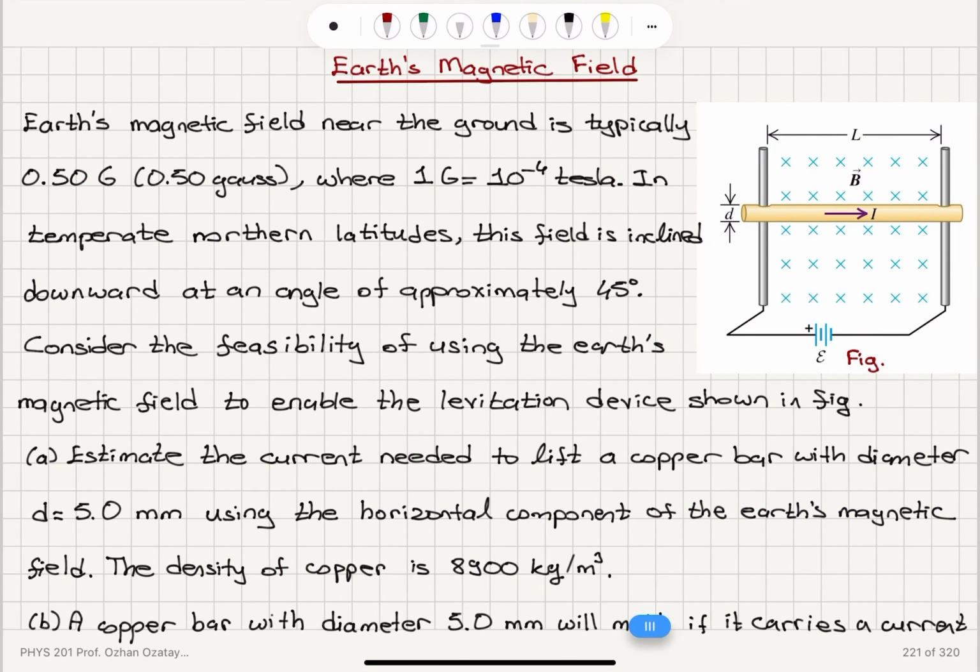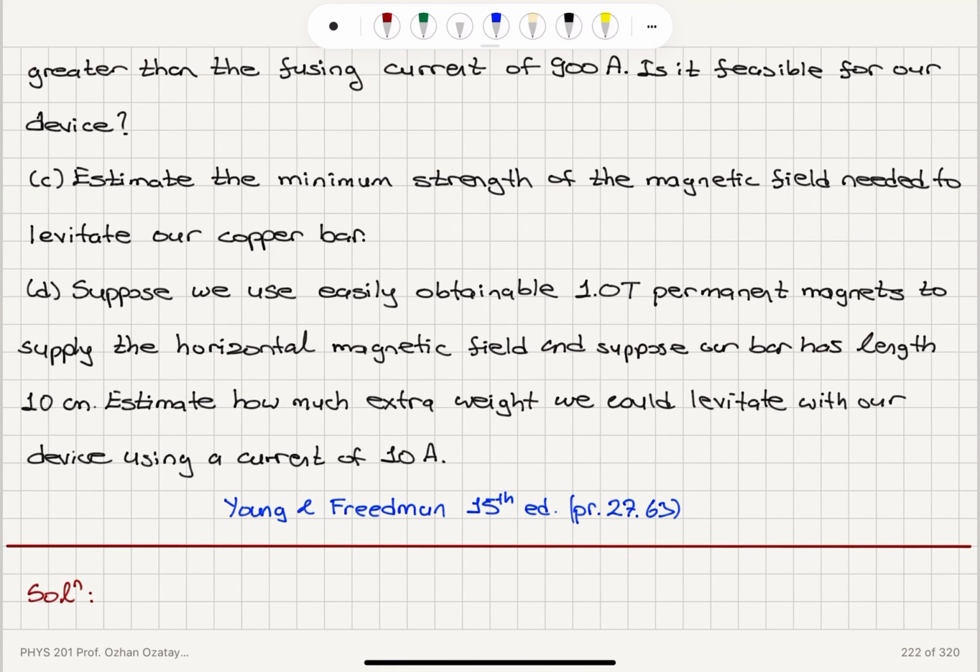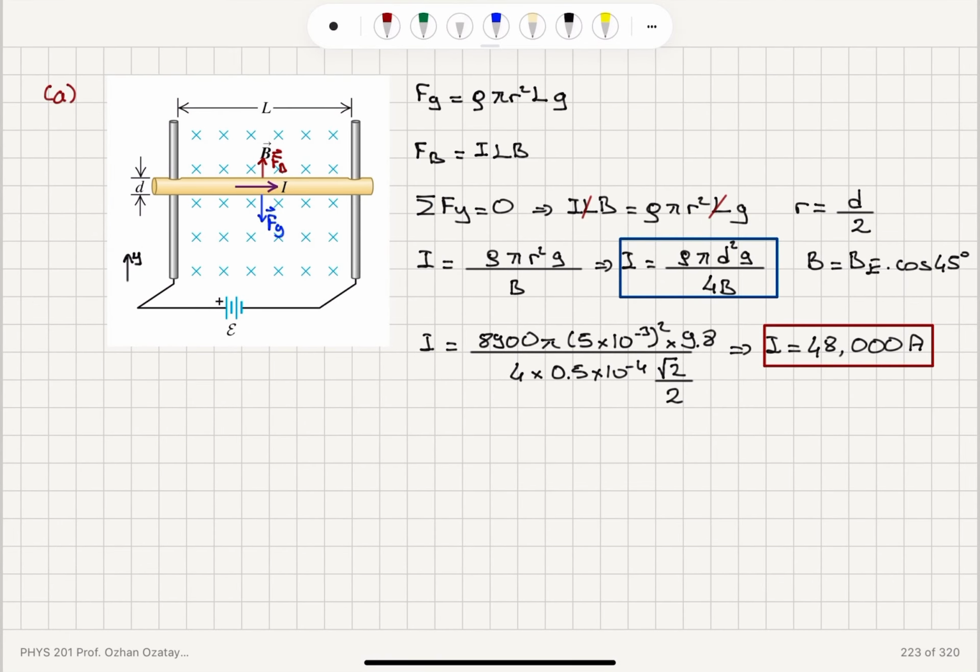Part B. A copper bar with diameter 5 millimeters will melt if it carries a current greater than the fusing current of 900 amps. Is it feasible for our device? Well, the current I calculated that I would need is 48,000 amps.